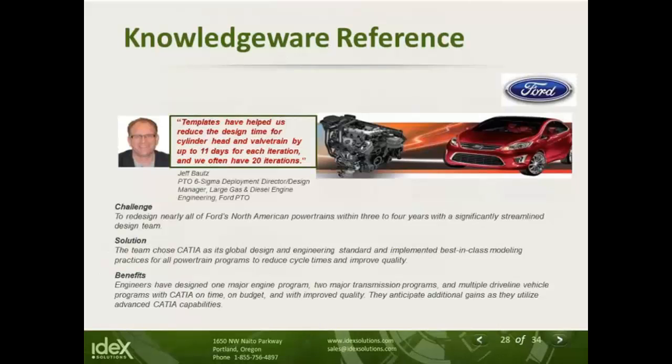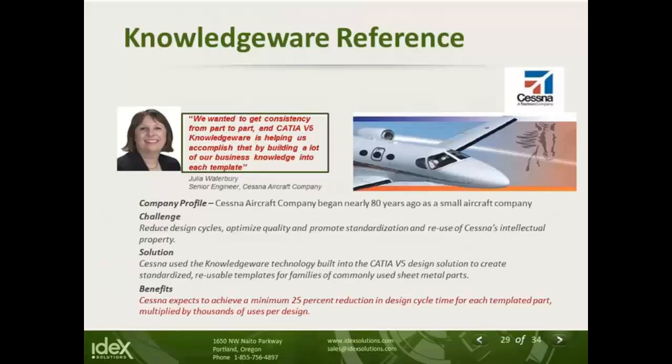I mentioned we had several reference articles. We won't spend any time here on the Ford one because we already looked at that in great detail. So I'll go ahead and advance to the next one, which is Cessna. And we have a very nice quotation coming from Julia Waterbury at Cessna. And she says, "We wanted to get consistency from part to part, and CATIA V5 Knowledgeware is helping us accomplish that by building a lot of our business knowledge into each template."